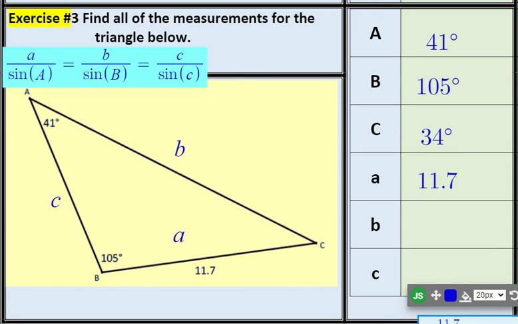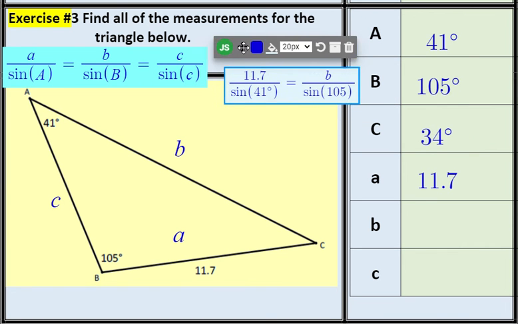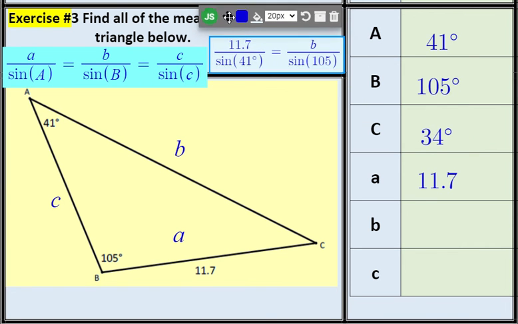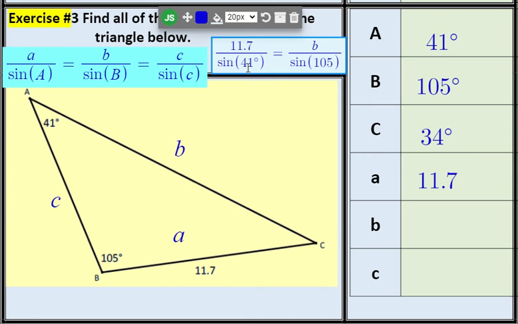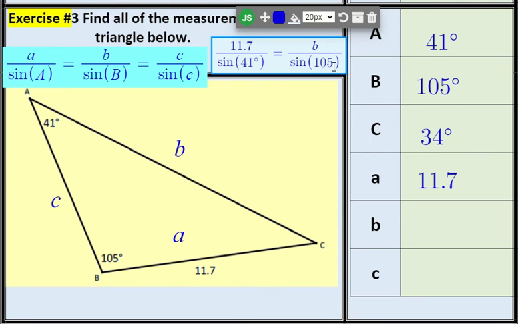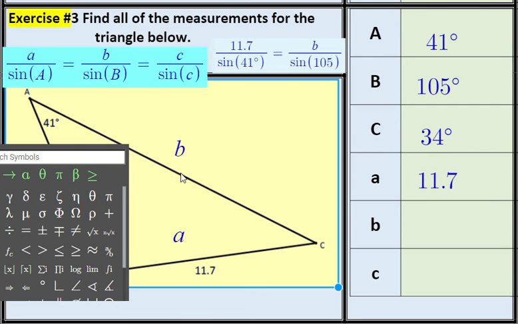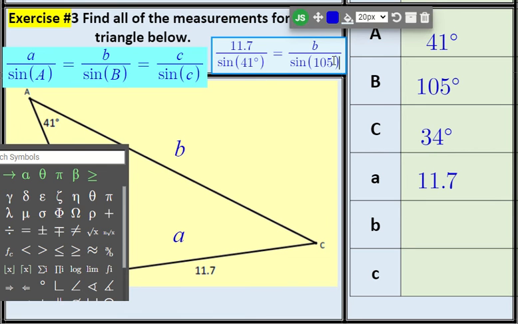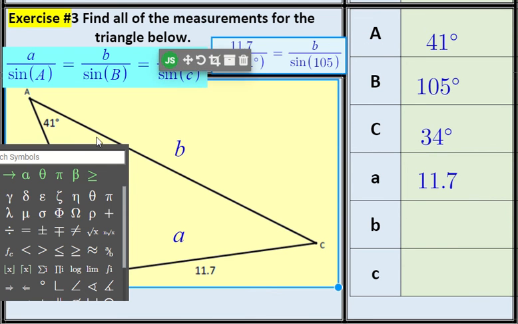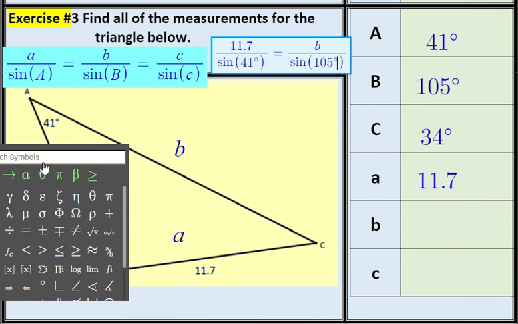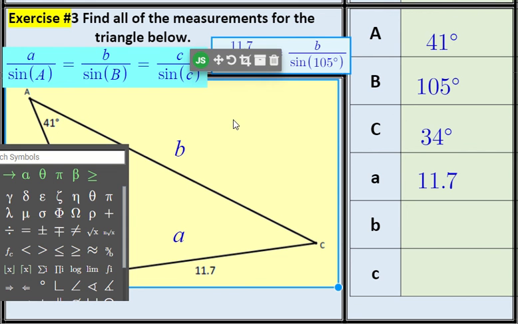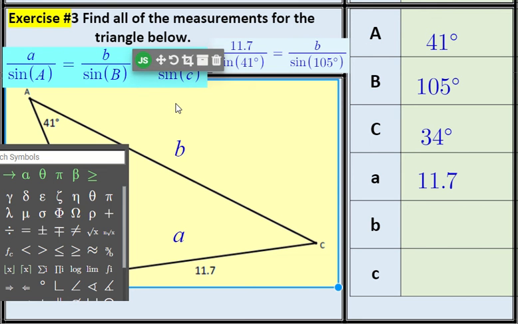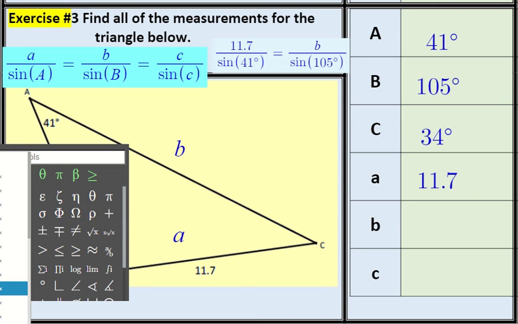So that's the proportion that I'm going to set up. 11.7 over the sine of 41 equals B over the sine of 105 degrees. So now, in order to get B alone, I just multiply both sides by the sine of 105 degrees.